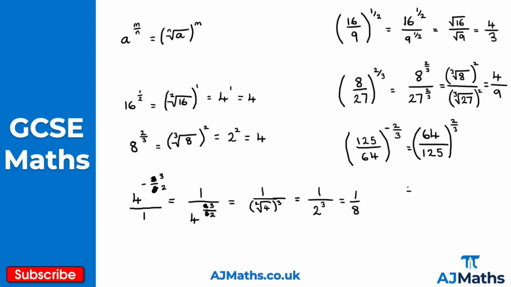So what I've got now is 64 to the power of 2 over 3, and then we divide that by 125 to the power of 2 over 3. So in that case then, I've got 64, and we take the cube root of 64, and then we're going to square it.